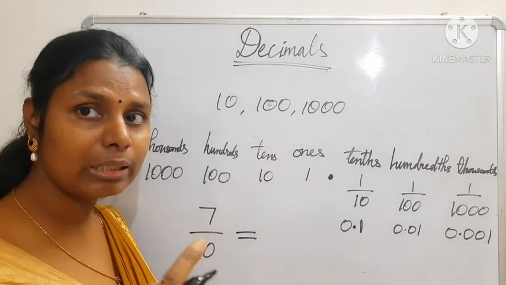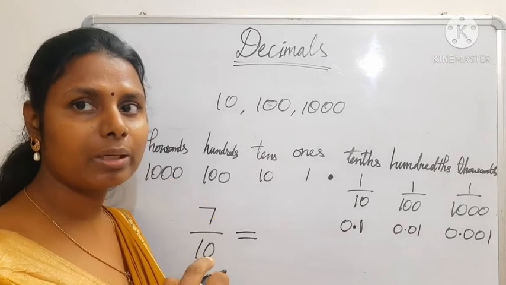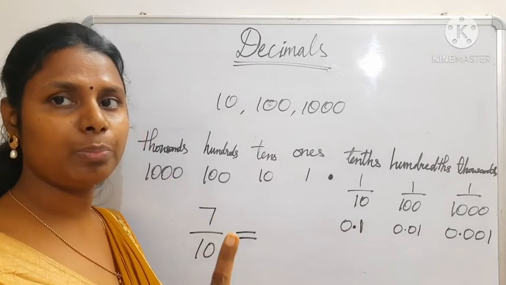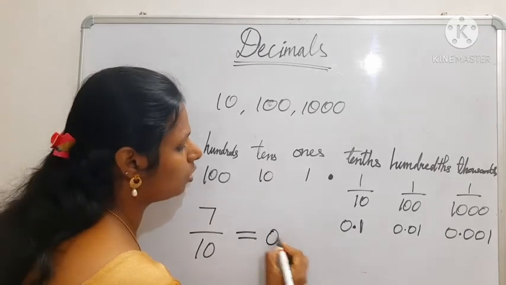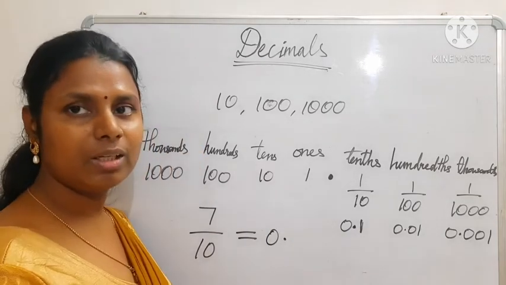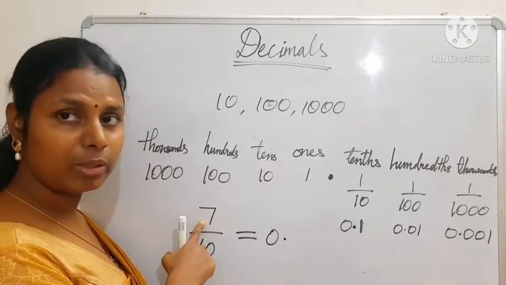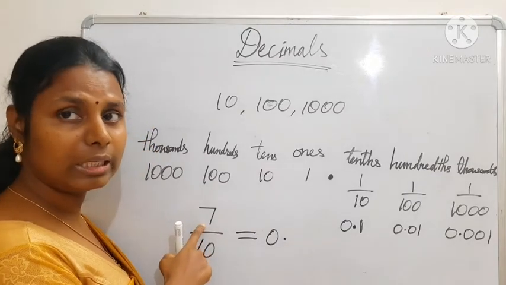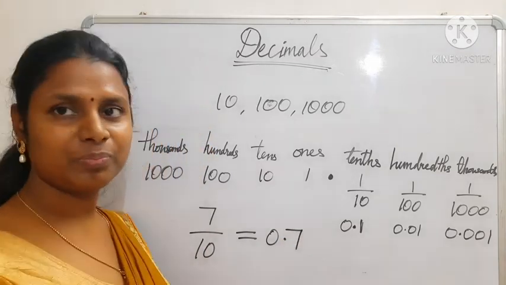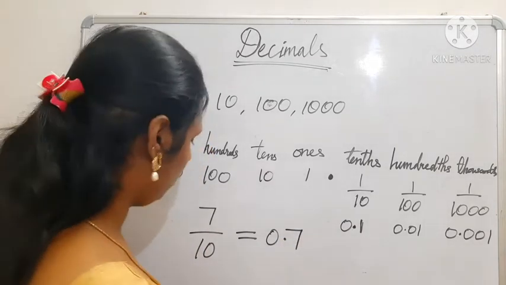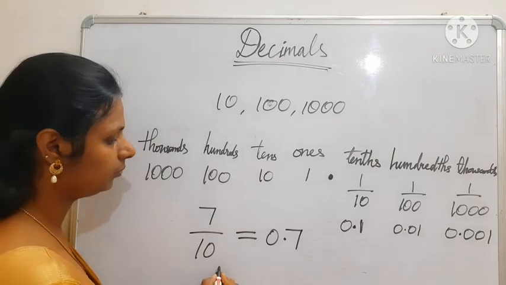That means after the decimal point, the first place. So 0 point, in the first place, the tenths place, you are going to write 7. Have you got it? Now, shall we take one more number?